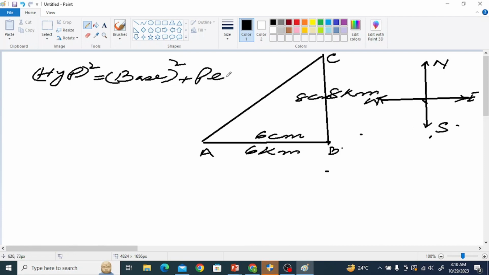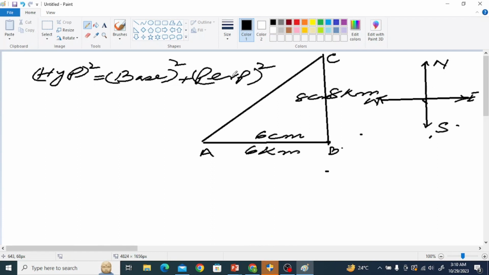So according to Pythagoras theorem, hypotenuse square equals base square plus perpendicular square. In this way you can find the displacement of the journey traveled by the cyclist.